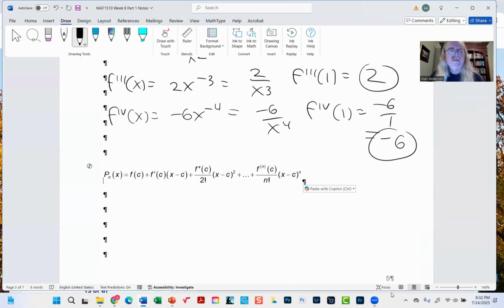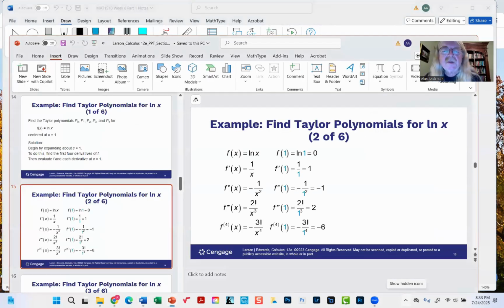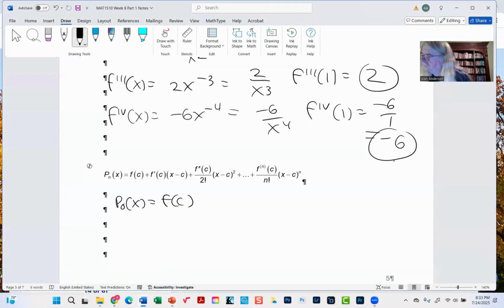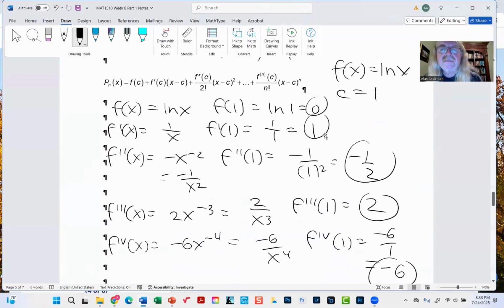All right, so then now P0 would be just this f of c, but of course, remember that c is equal to 1. And so we're going to wind up with 0. So we already figured that out. It's 0.